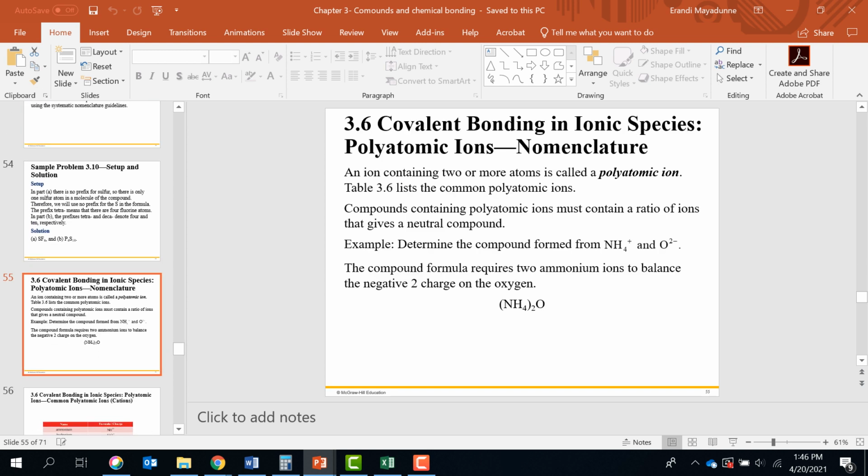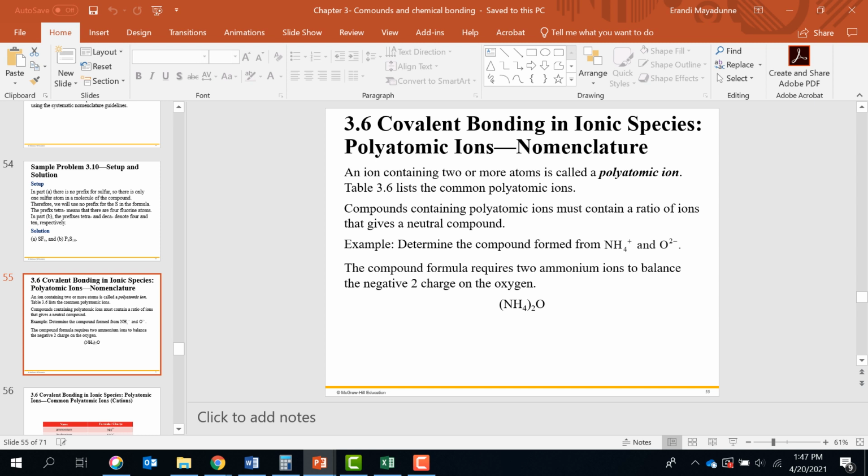And then there are some polyatomic ions. Polyatomic ions are more than one atom combined, but it acts as a normal cation or anion. For example, ammonium is one cation that can act like sodium because its charge is 1.